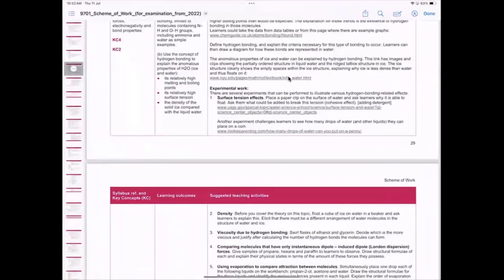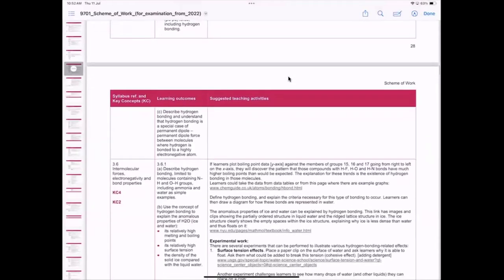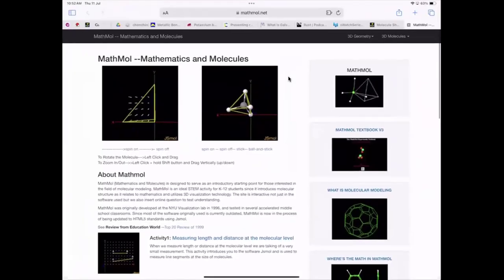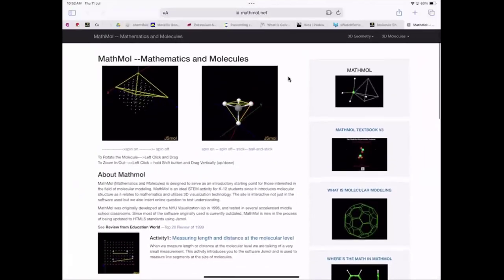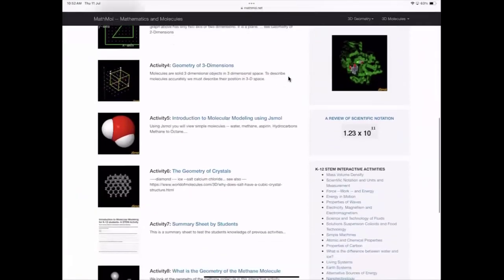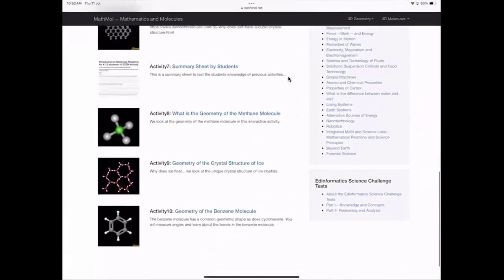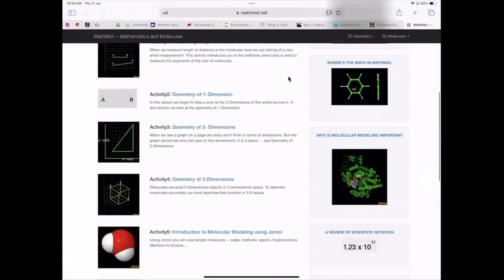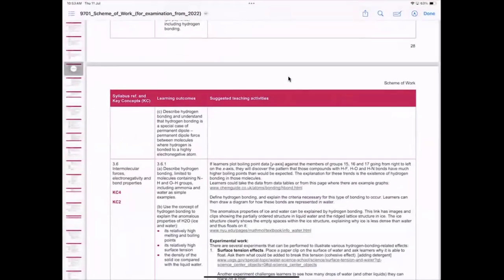Okay. I have one link which actually shows when they are closer to each other.